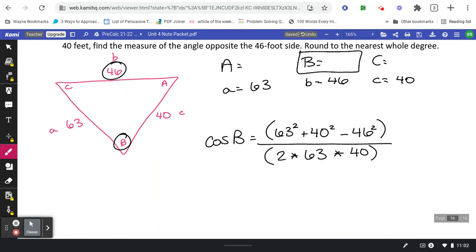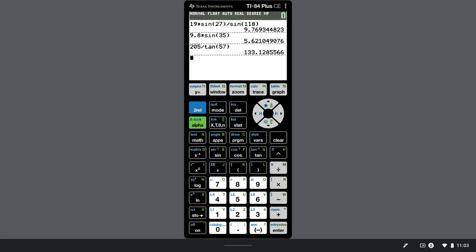All right, so your problem should be set up like this. And then you would type it into your calculator very carefully with the parentheses and squares in exactly the right place. Divide it by, and then open a new parenthesis, close the parenthesis. So again, it should look exactly in your calculator as it looks on your paper.